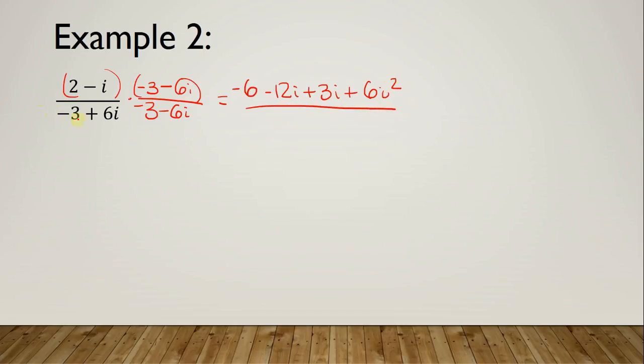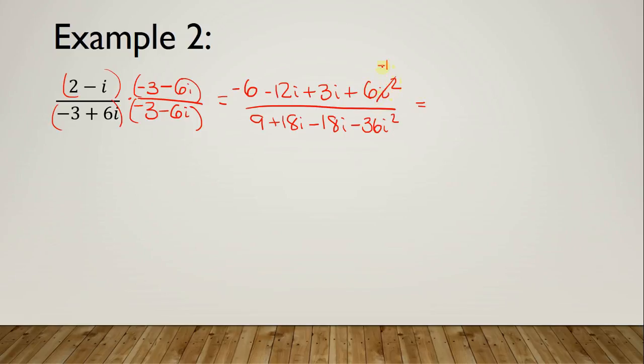All over. Let's multiply the bottom. -3 times -3, 9. Positive 18i minus 18i minus 36i squared. Okay, i squared is just -1.